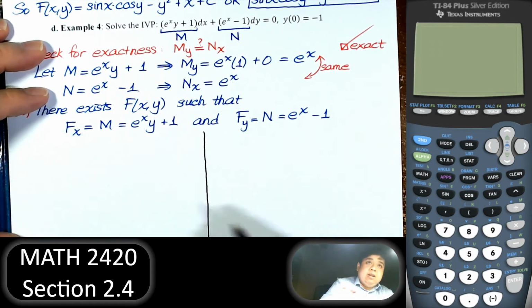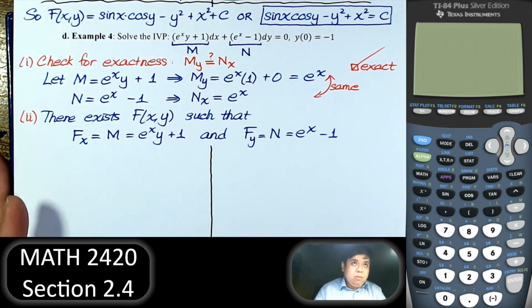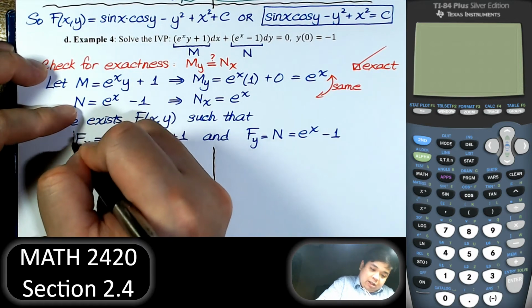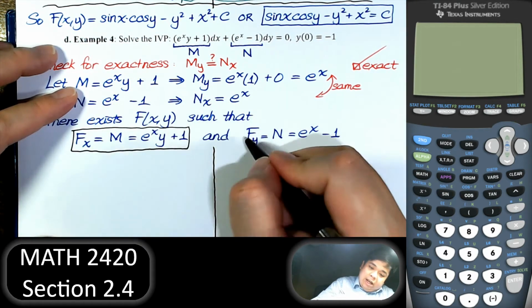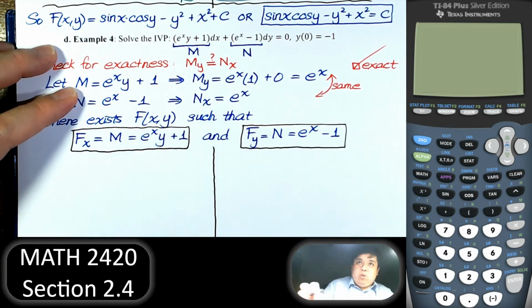So first step, let's say this time I would use this one, f_x, and integrate that with respect to x, and then differentiate with respect to y and compare to this one.